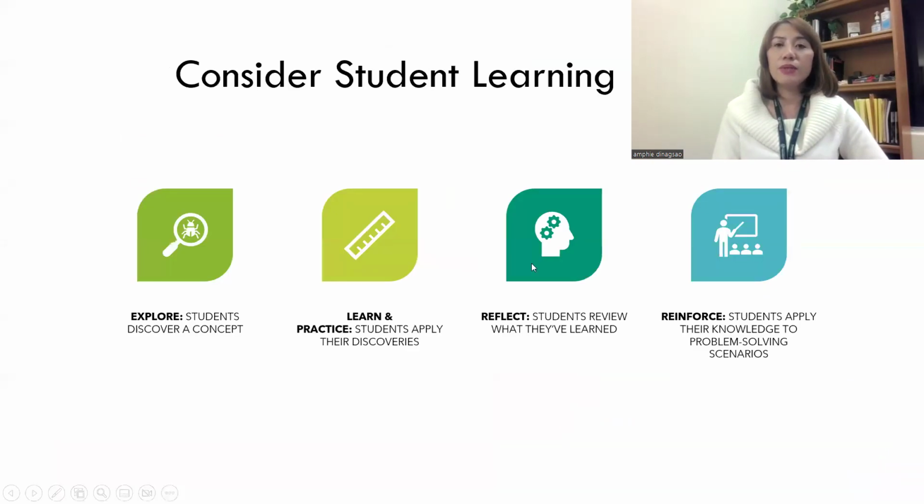Okay, so again, consider the student learning process. The best way to learn is actually for students to first explore, and then learn and practice, and then reflect, and then reinforce. It's also the same as when you're teaching mathematics.